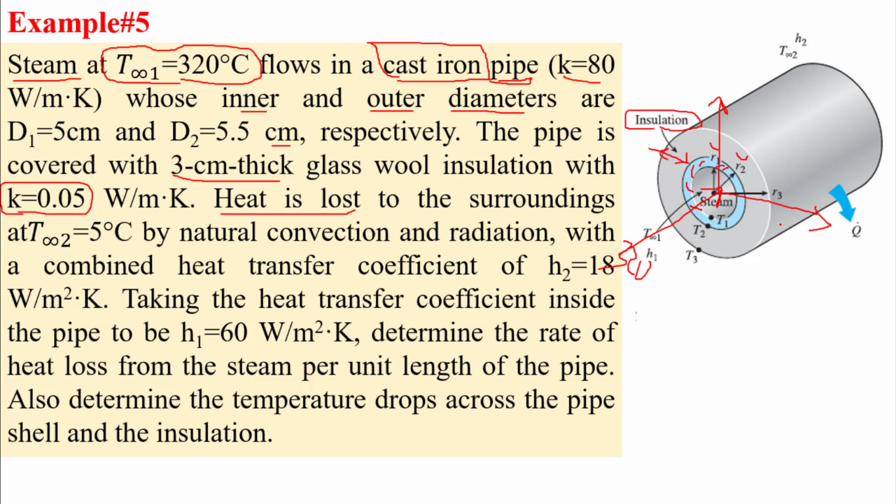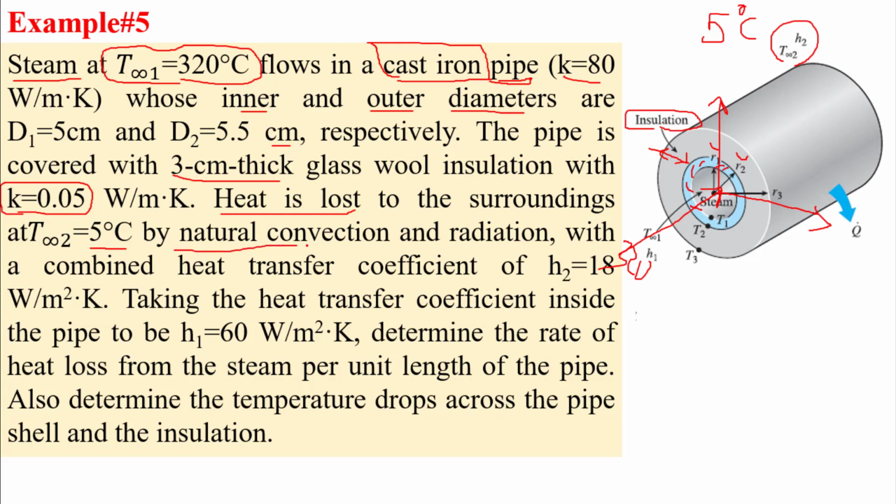Even if we have insulation, it is not conductive, but its resistance is not high enough to prevent all heat from escaping to outside. So the surrounding temperature is 5 degrees Celsius, and inside we have 320. Imagine the difference between inside and outside.